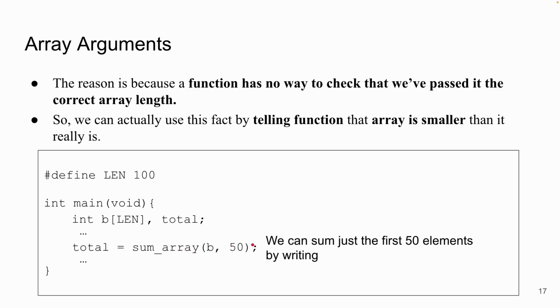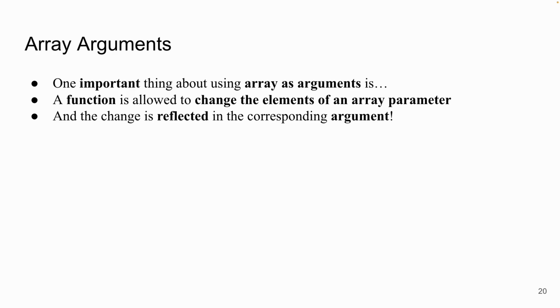So I can just write down 50 here. The return value from sum array will be the sum of the first 50 elements of the array. Before the break, we talked about array arguments.